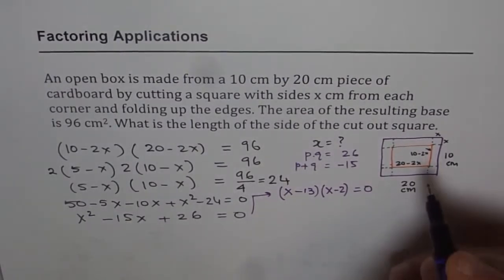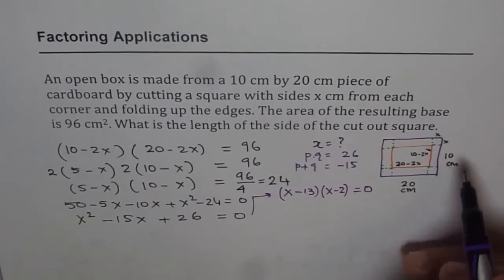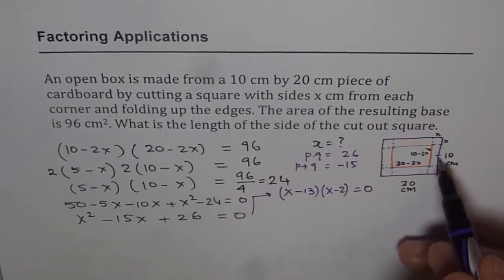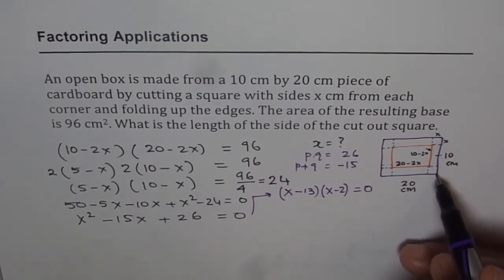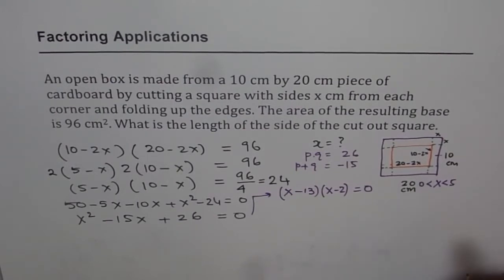Now think about it like this also. What could be the value of x? From here, x cannot be more than 5. Do you see that? Because this width is 10, you should remember that x is actually less than 5 and greater than 0. Correct?